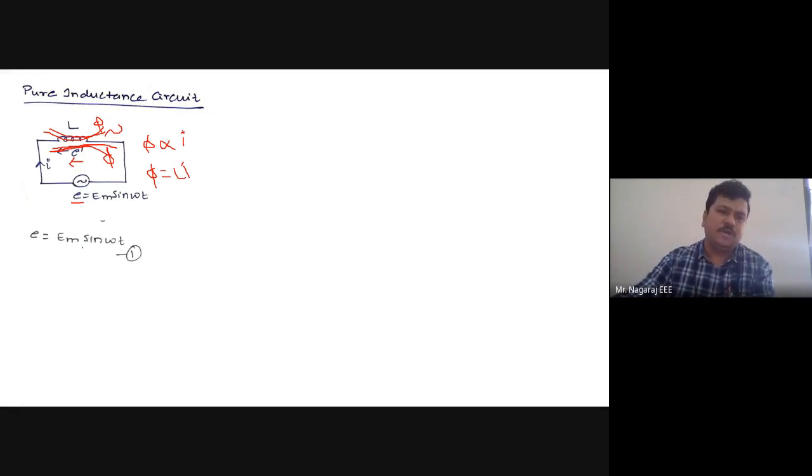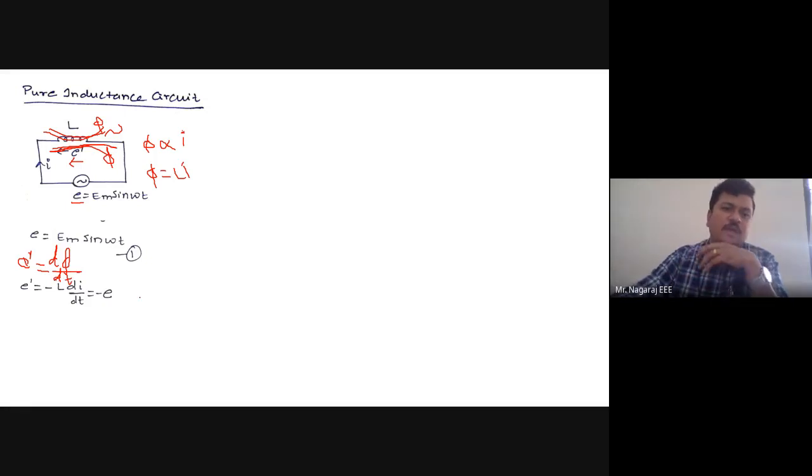So supply voltage is E equal to Em sin omega t, and the induced EMF E dash is given as minus L di by dt. E dash equals minus d phi by dt.